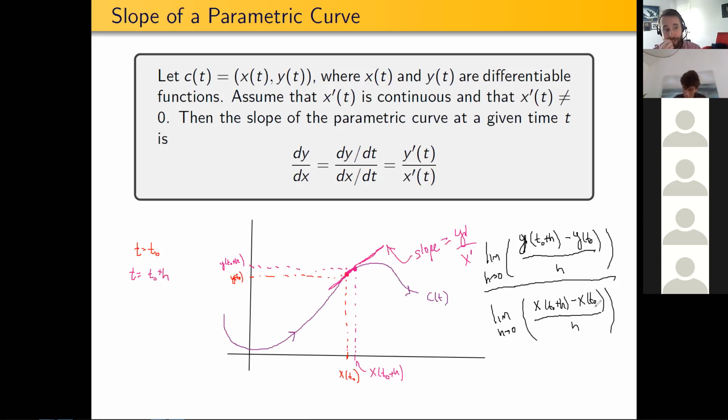And that is truly, in this numerator, that was y prime, and in the denominator, that was x prime. So there is some slightly more formal justification that we can compute the slope of our parametrized curve by using this equation right here.